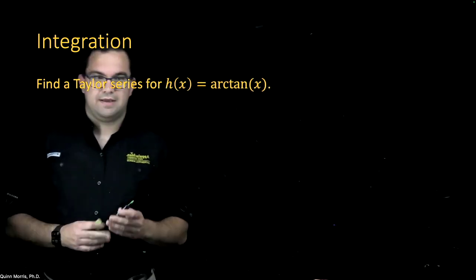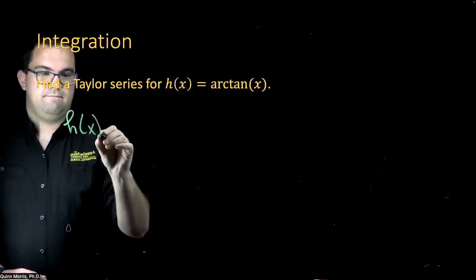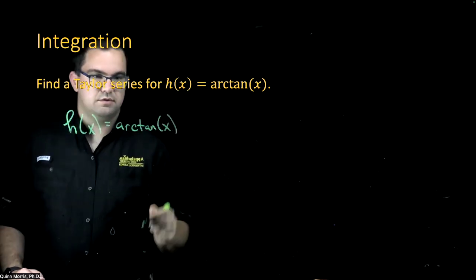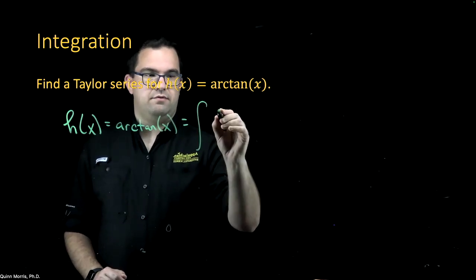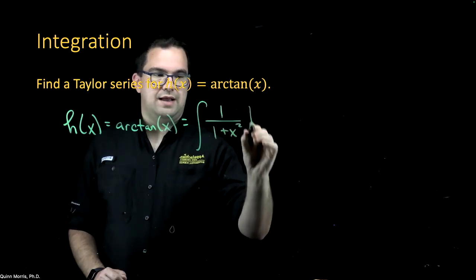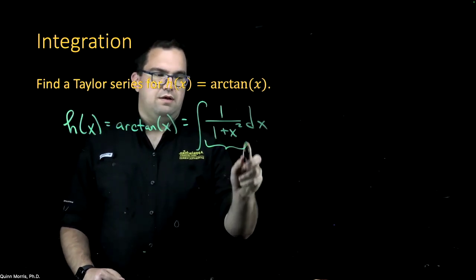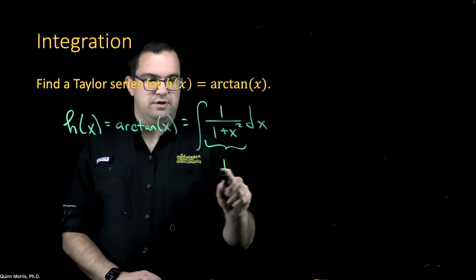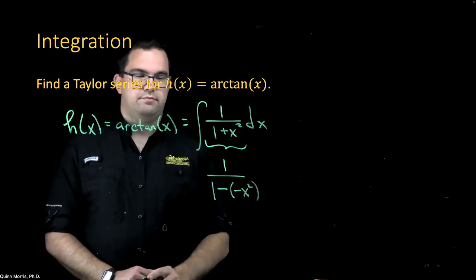Or you could also recognize that this function h of x, which is arctangent or tangent inverse of x, is really the antiderivative of 1 over 1 plus x squared dx. And I think I could probably write a Taylor series for this, right? Because I could recognize this is really 1 over 1 minus negative x squared.